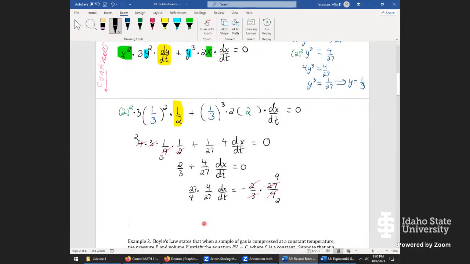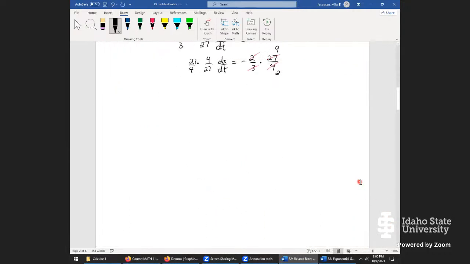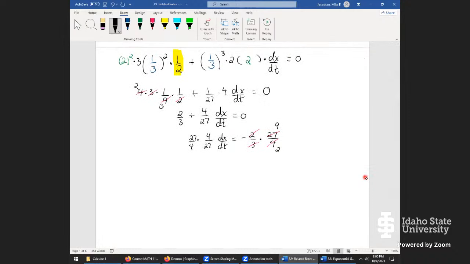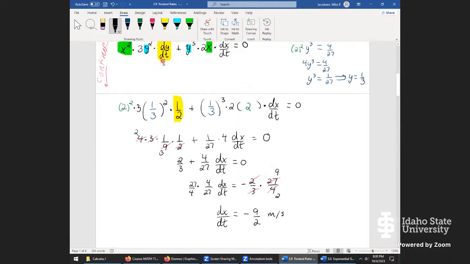And we now have, after hiding the Boyle's Law problem again, let's just stick it way down there, dx dt equals -9/2 meters per second. So our dy dt, if the y coordinate is going up by a rate of 1/2 meters per second, the x coordinate is flying.